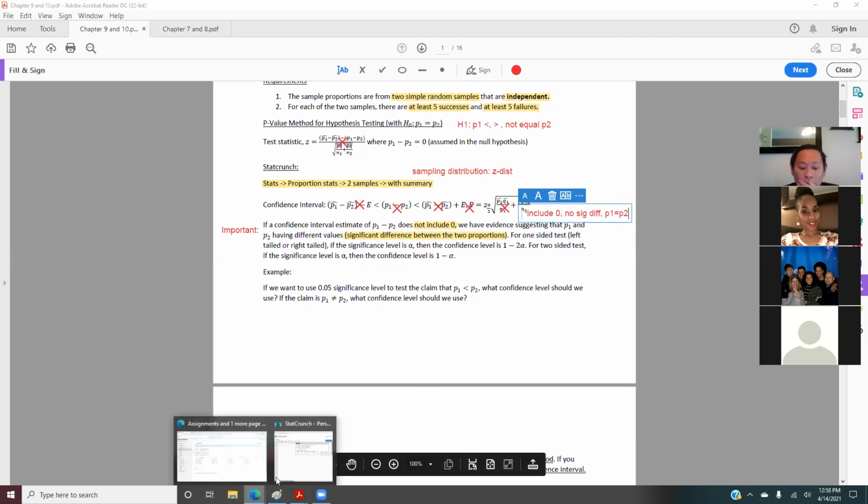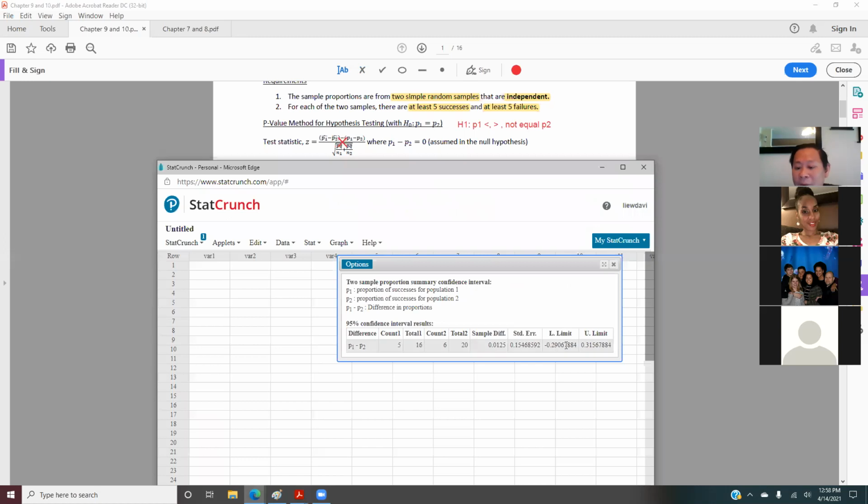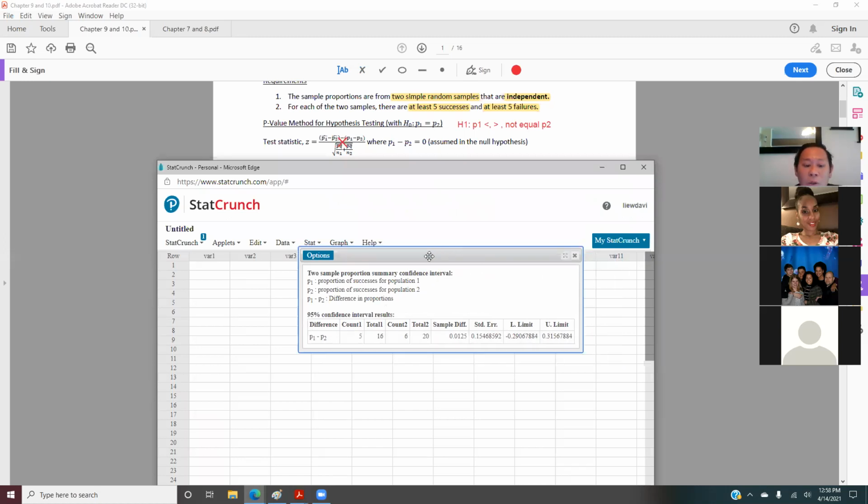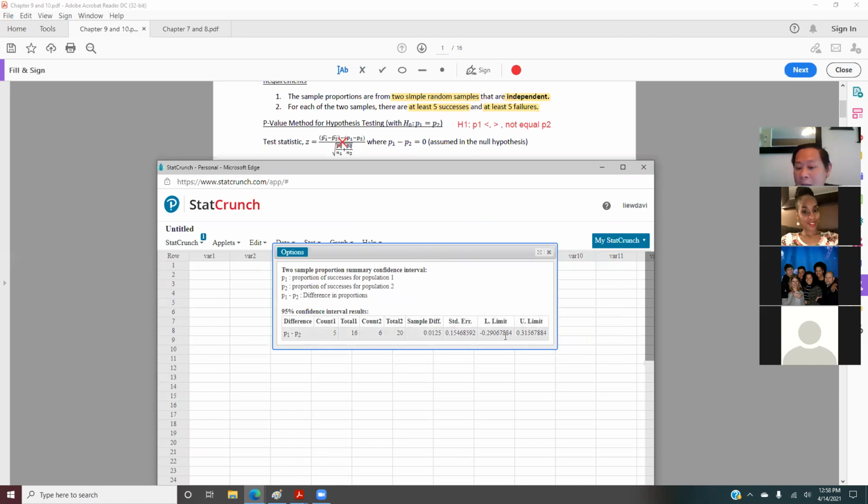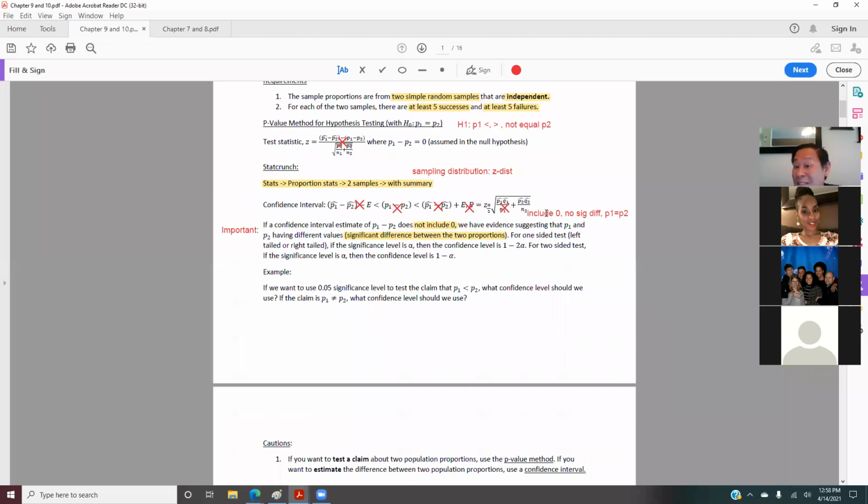So you can tell by the confidence interval that we found here for the male and female, what you notice here is these are your confidence interval. And since the lower one is negative and the upper is positive, you will include 0 in this case.